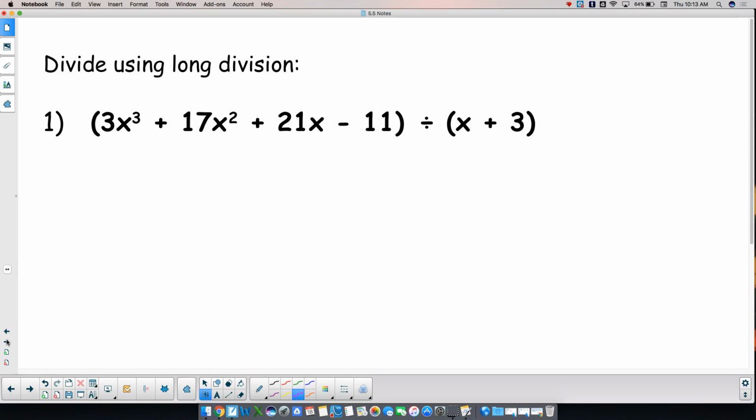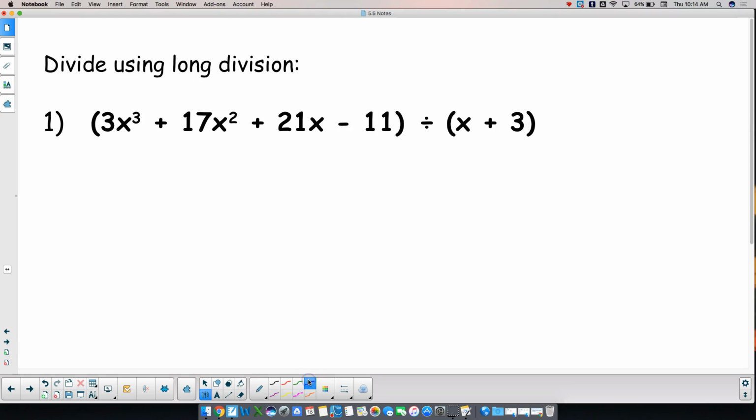So we got that. 3x cubed plus 17x squared plus 21x minus 11 all divided by x plus 3. No different than the numbers.